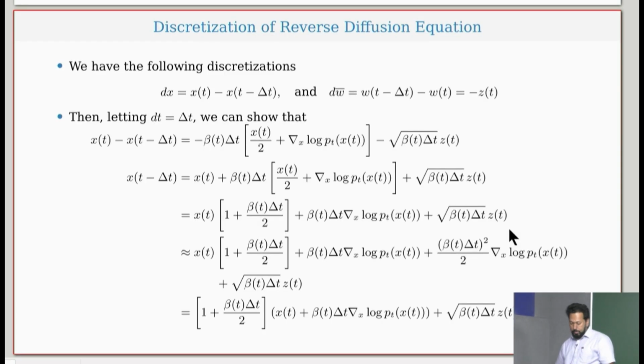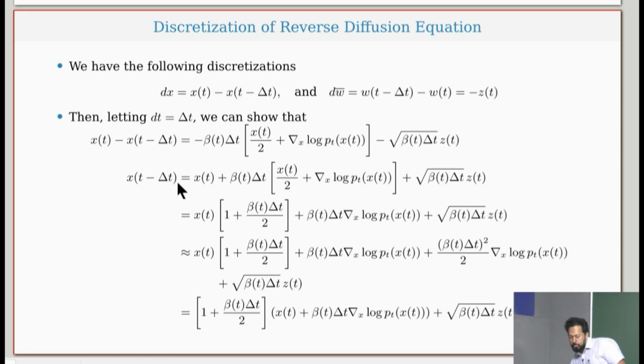So again, we do the discretization and so on. dx as usual, this is the reverse process. We do the usual discretization, and dt is replaced by delta t, right?